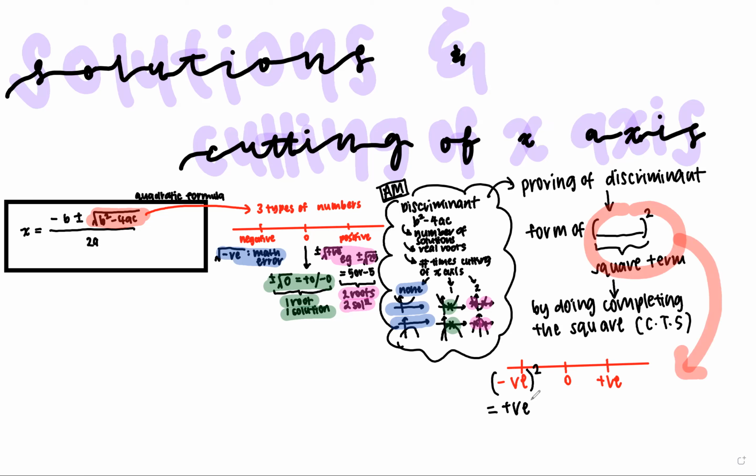If I take a 0 and square it, what does it give me? 0. If I take a positive and square it, what kind of number? A positive. So do you notice something? As long as I have a square term, my answer will always be greater or equal to 0. Clear so far?